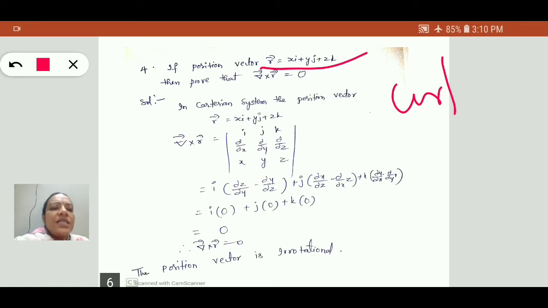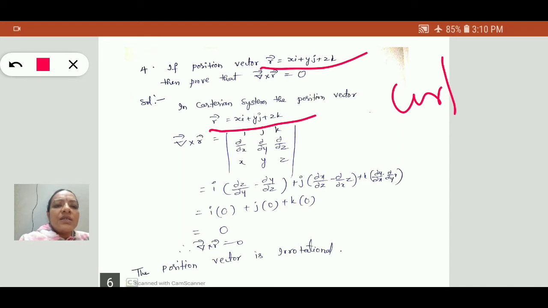So the method is the determinant form. In the determinant form, we have to find the curl of any vector, but in this problem he is giving the position vector. So r is equal to xi plus yj plus zk.